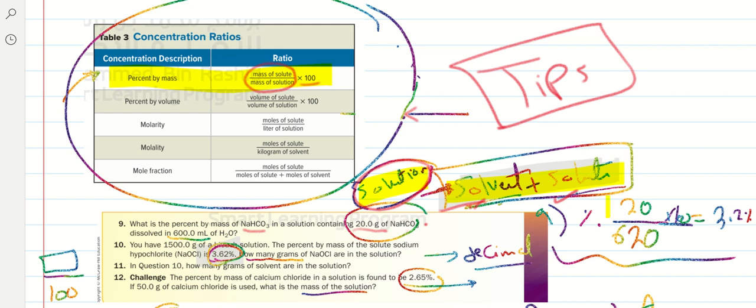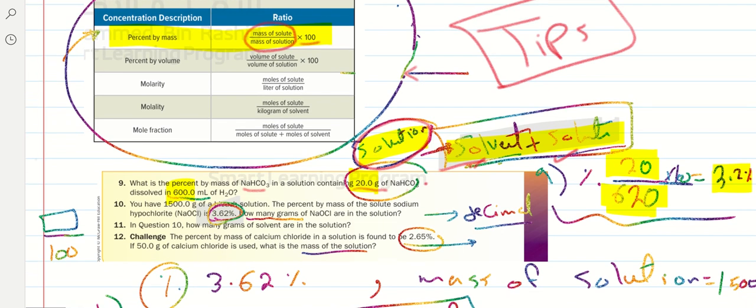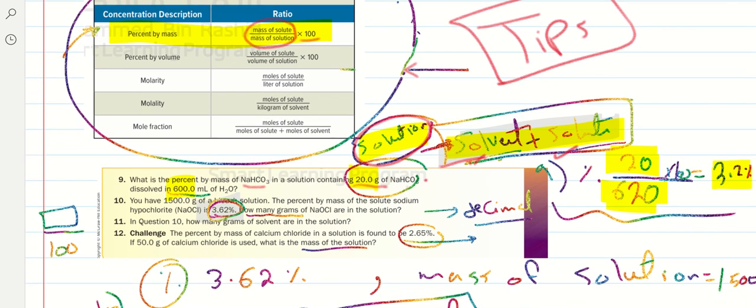So it will be 20 divided by 620, which is this 20 plus this 600, times 100, and you get the answer from the calculator. Okay, so this is the trick. It is very important. So the trick: if they say solution, you have to add solvent plus solute.